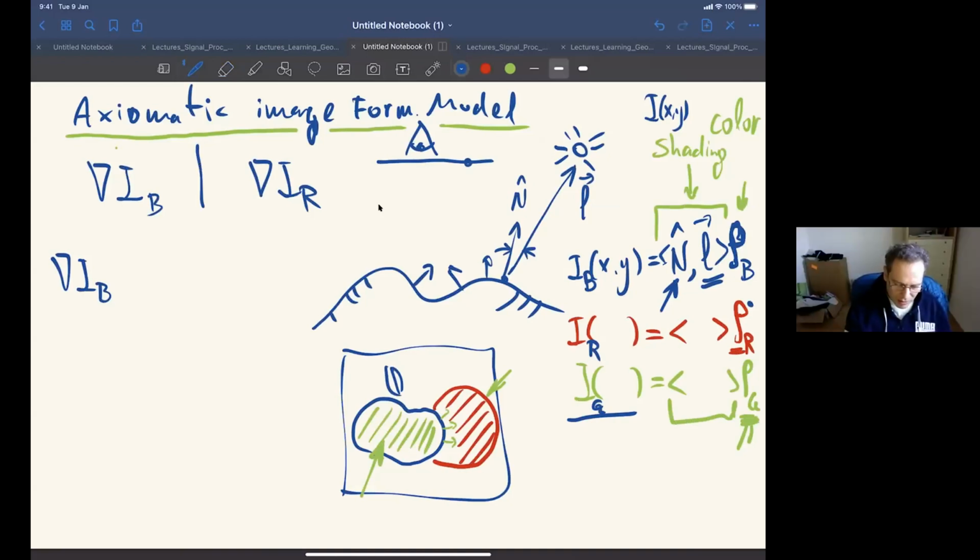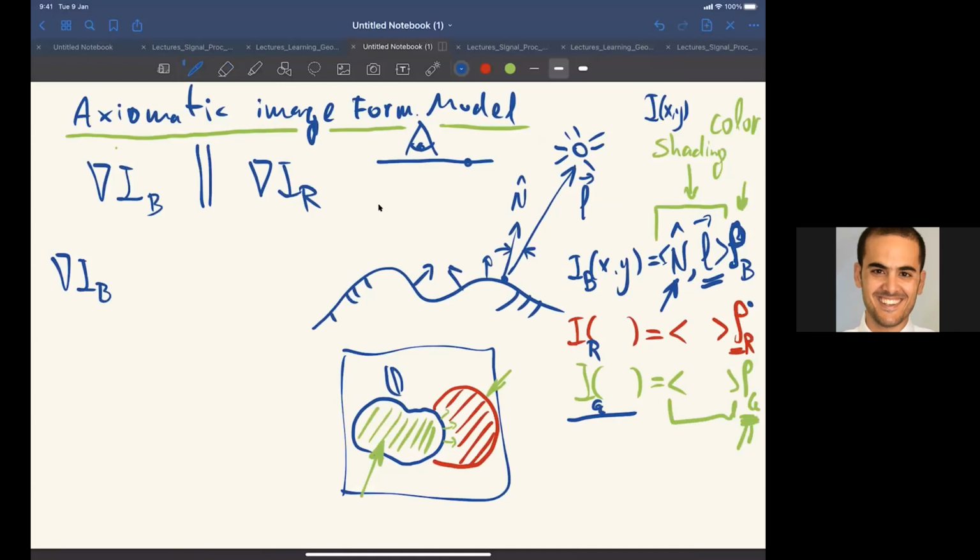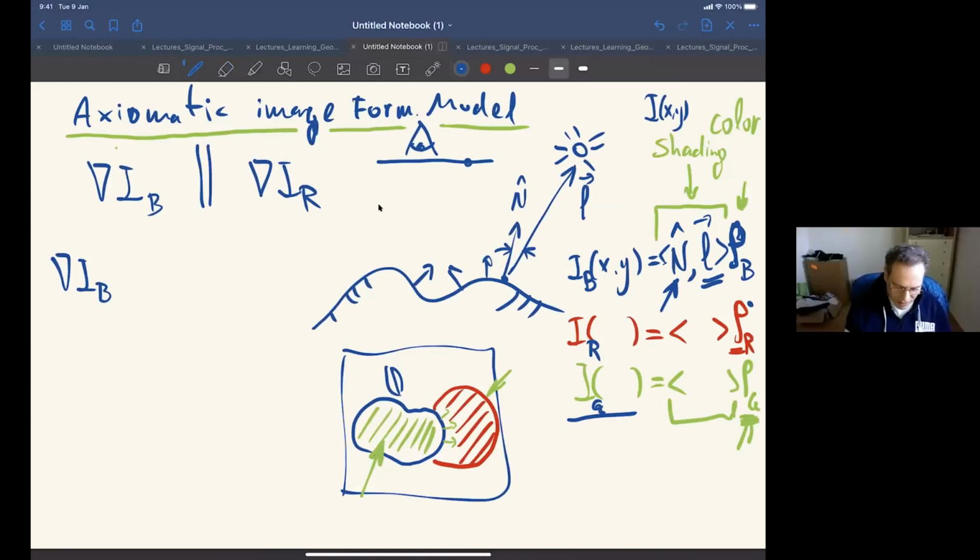So they should be parallel to one another. If I'm taking the gradient of the blue, it should be, up to the ratio between the albedos, parallel to the gradient of the green, and it should be parallel to the gradient of the red.